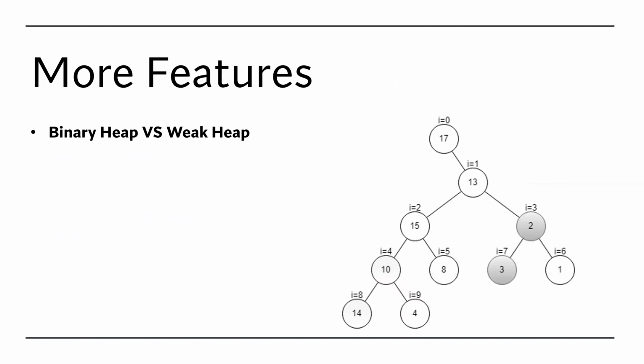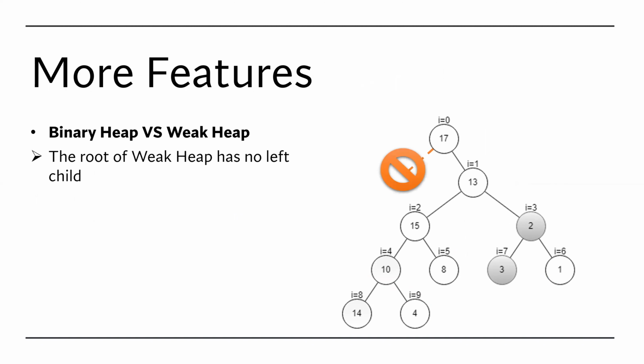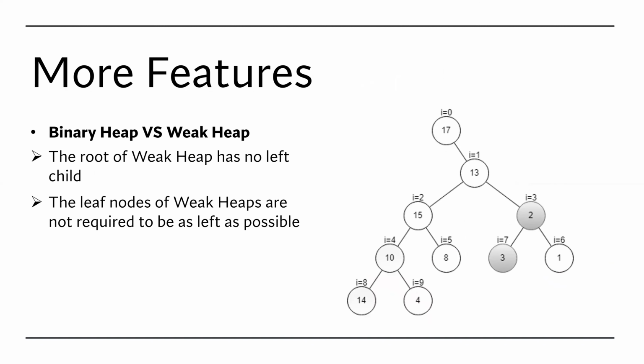Now we want to see the differences between binary heap and weak heap. As we mentioned before, the root of a weak heap has no left subtree. The second one is that leaf nodes of weak heaps are not required to be as left as possible. For example, here you can see that we can add a key node of 5.